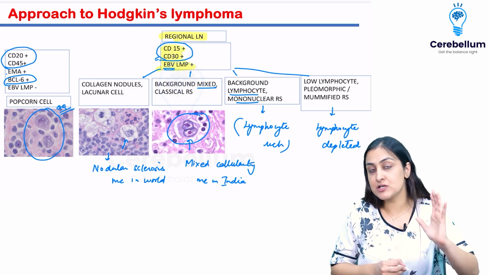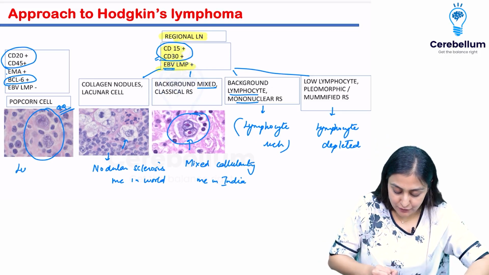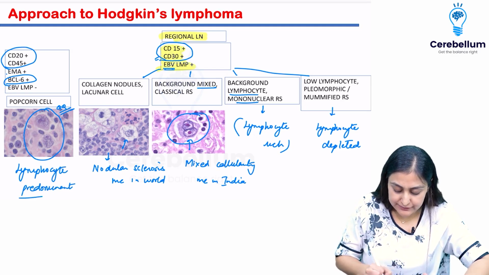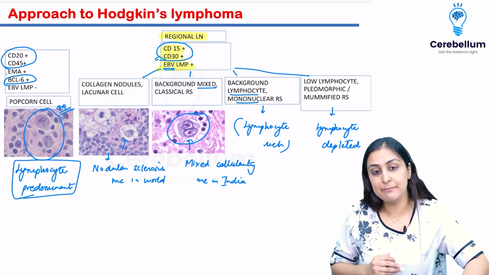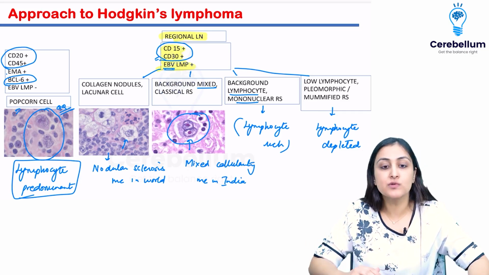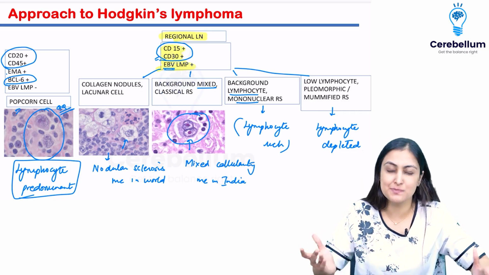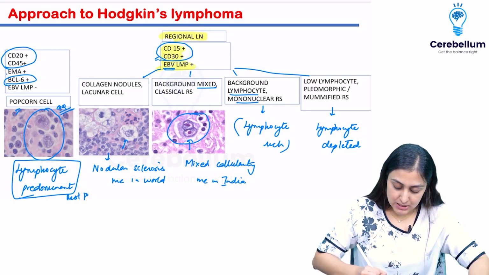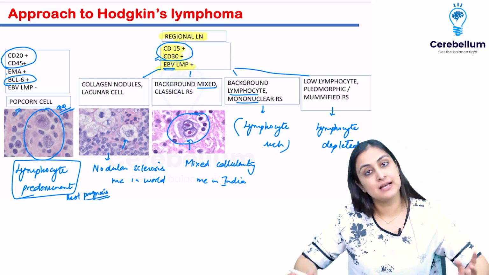And how you remember it is P for popcorn and P for lymphocyte predominant. So this is the different subtype here with the different CD markers and BCL6. So how you remember popcorn, eating popcorn, watching movies always has a good prognosis, best prognosis. So that's why lymphocyte predominant has the best prognosis, right? So this is how you will remember Hodgkin's lymphoma.